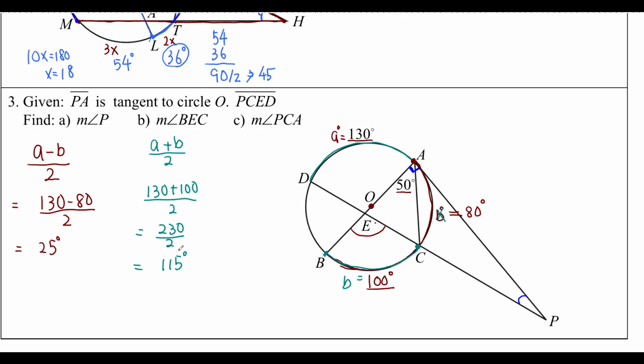Okay, now let's find angle PCA. This angle, right? That is not a measure of arc, this A. How can you find this one? Can you find the measure of this angle?